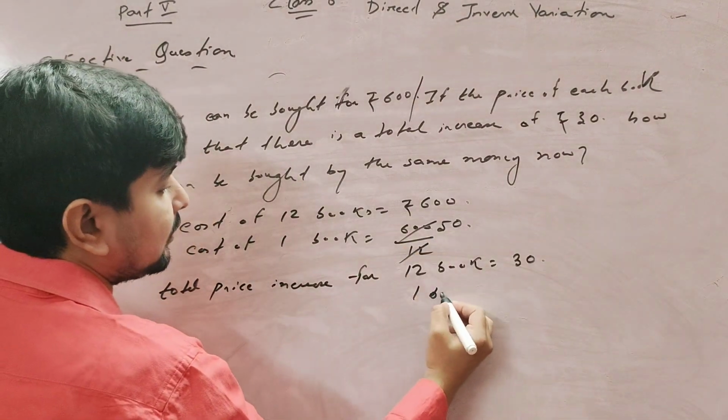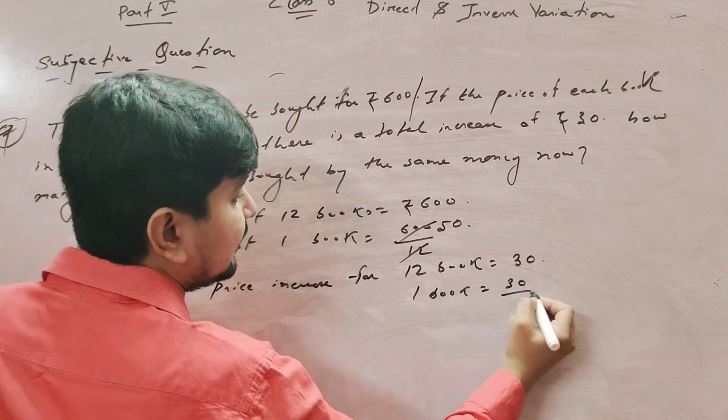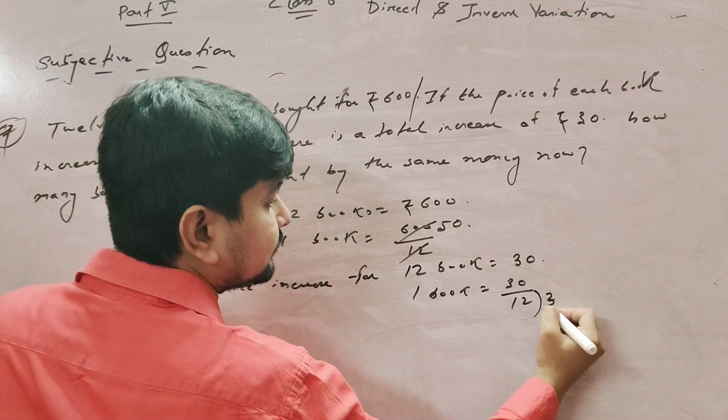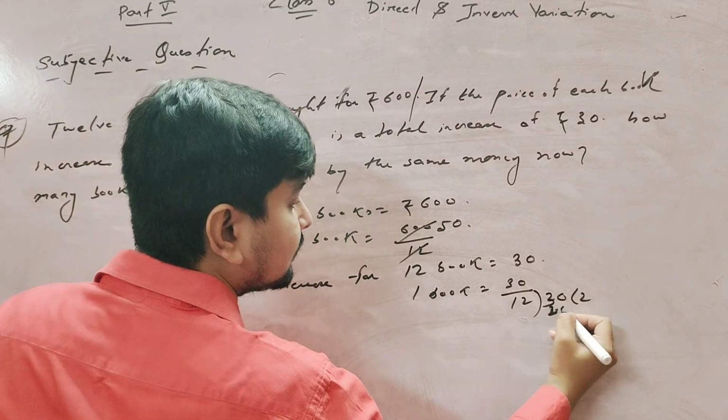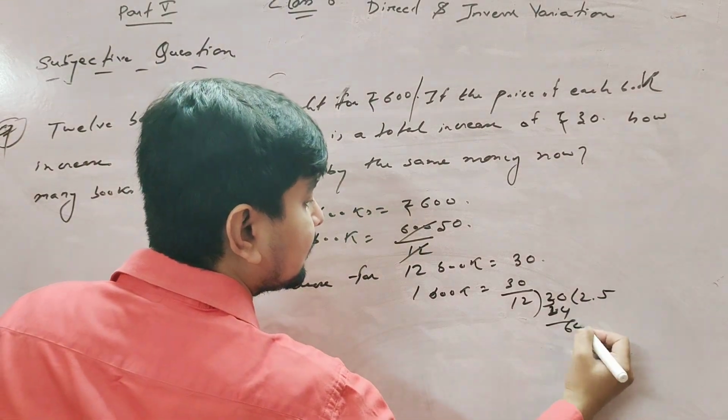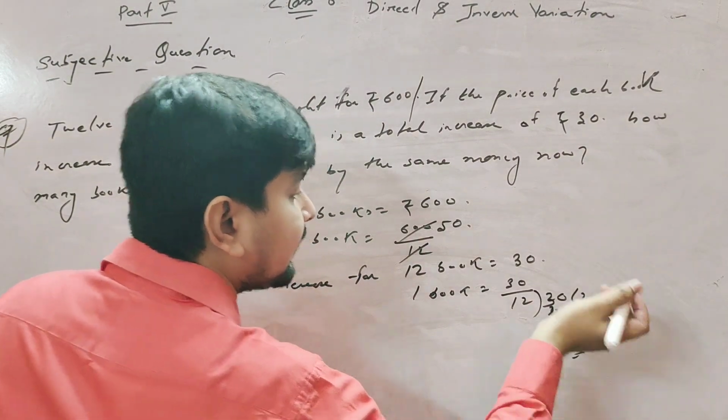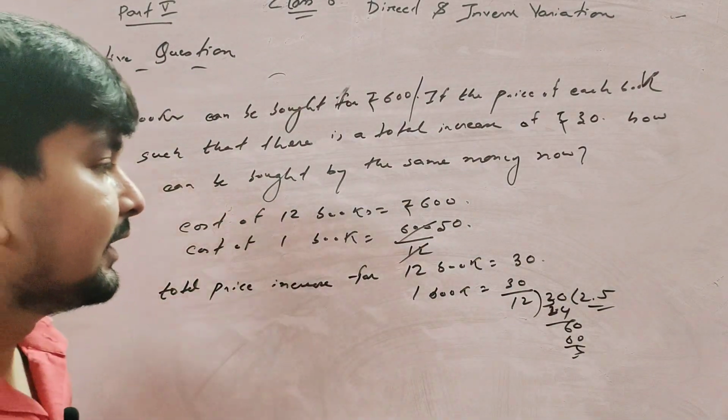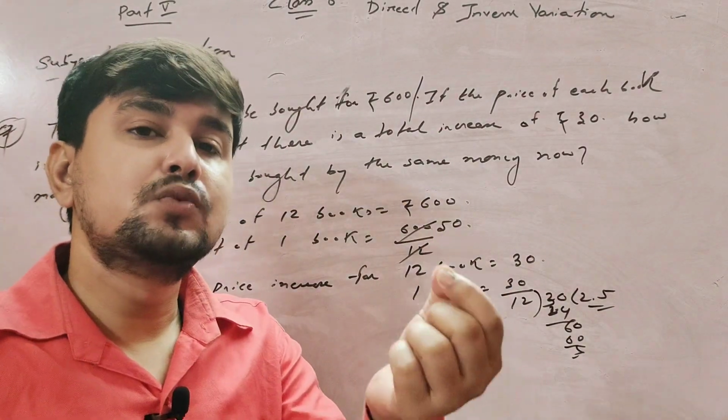So one book equals to 30 upon 12, that is price increase by per book is rupees 2.5.